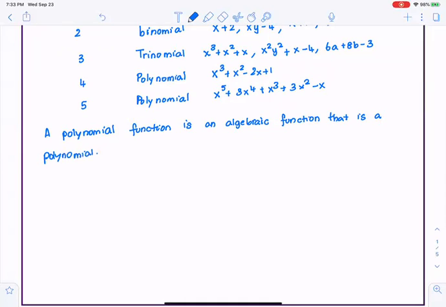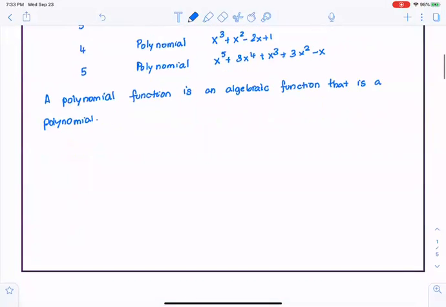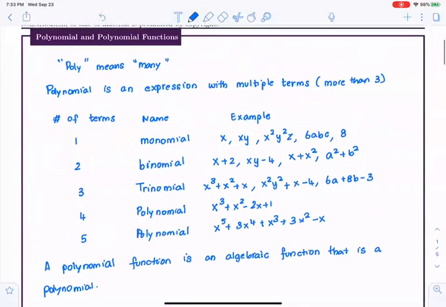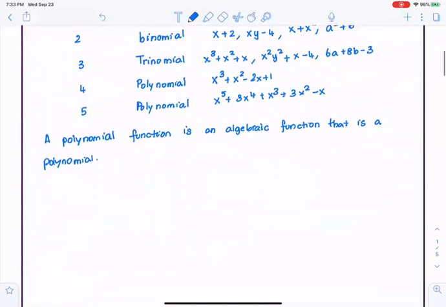And the term polynomial is generic. We like to call even a simple linear function a polynomial. What do I mean by that? So a polynomial by default is a monomial or a binomial or a trinomial. But as a trinomial, binomial, or monomial, we don't usually call it a polynomial in terms of the number of terms.